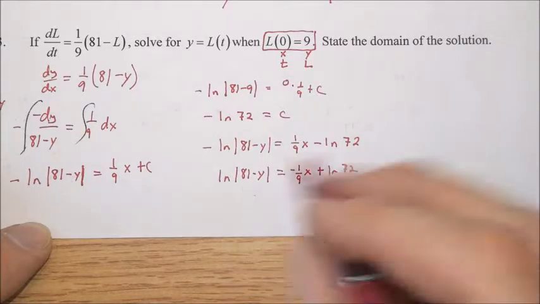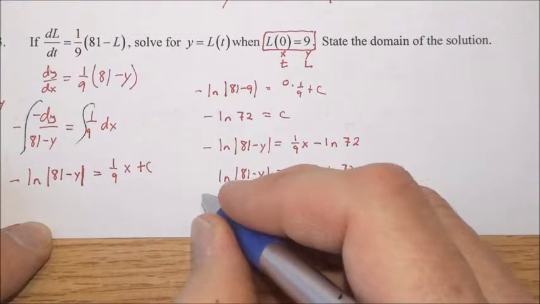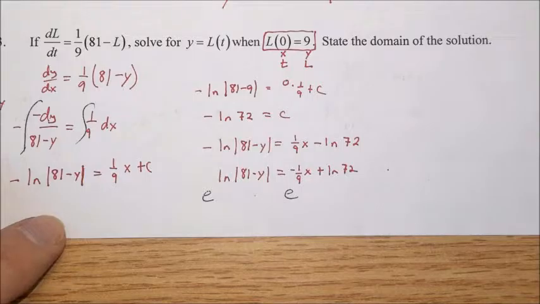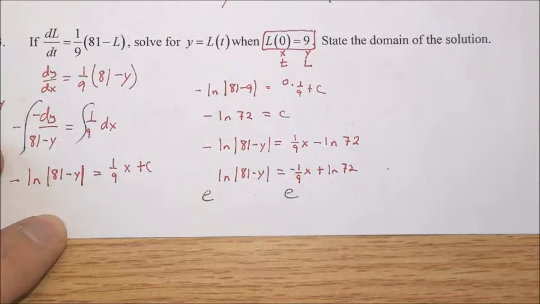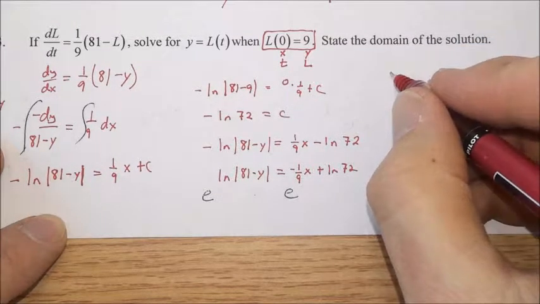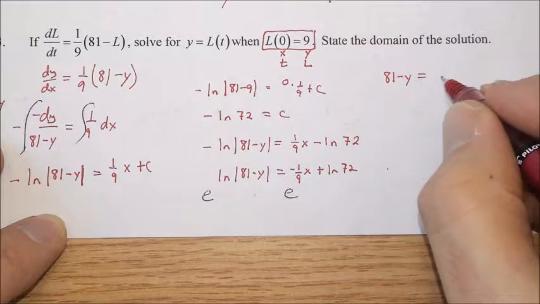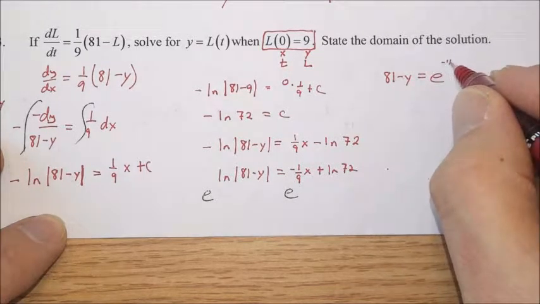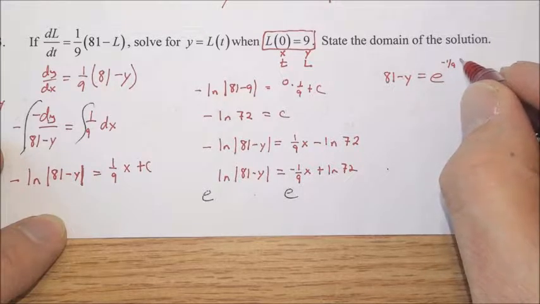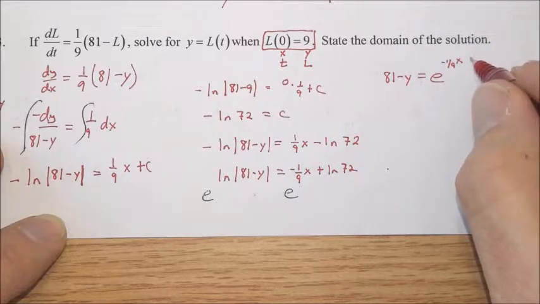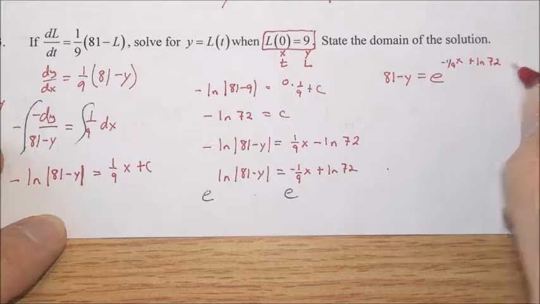Okay, now we can raise both sides of the equation up into the exponent of e. Doing so gives us 81 minus y equal to e to the negative 1/9 x plus natural log of 72.